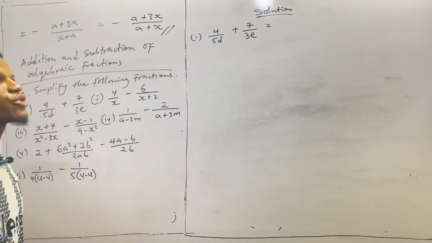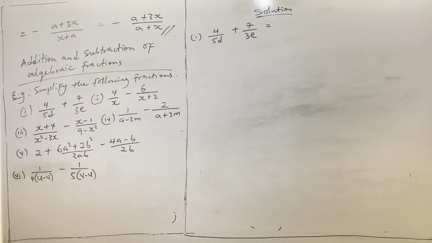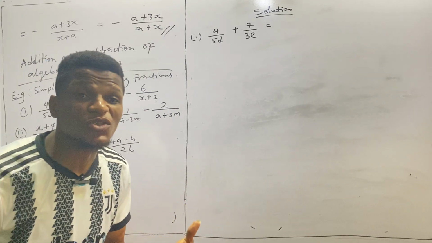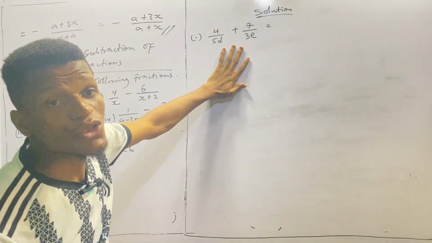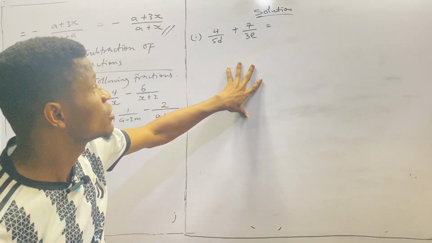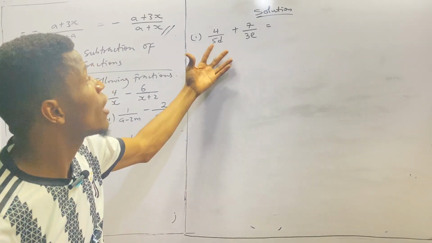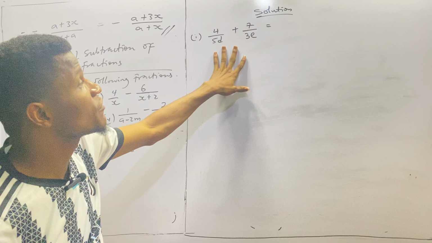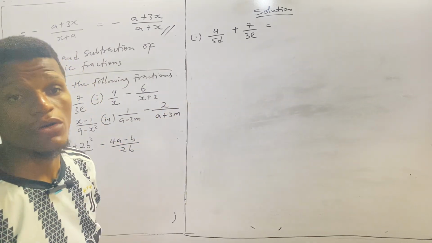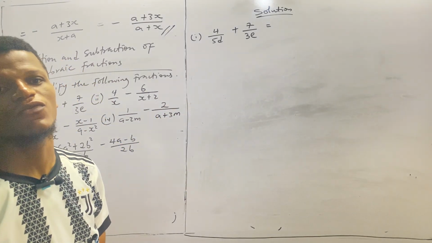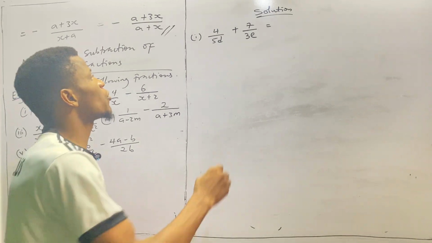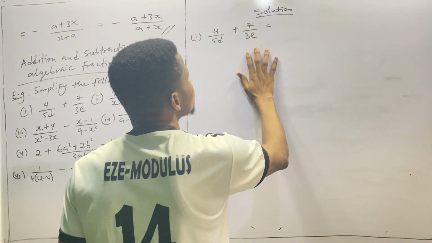Remember, this question is a problem of algebraic fractions, all right? So you use two knowledge to solve it, knowledge of fractions as well as knowledge of algebra. So we are applying the same knowledge, all right? So when you are adding fractions, of course, one of the things we do is that we find the LCM of the denominators of the individual fractions. So the LCM of 3d and 5e.